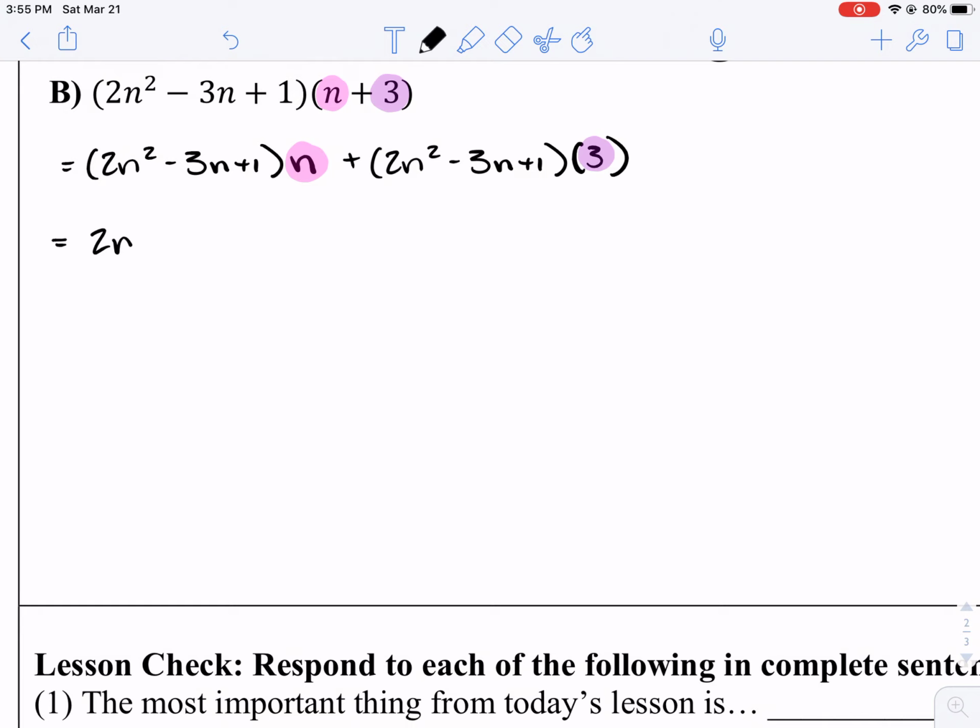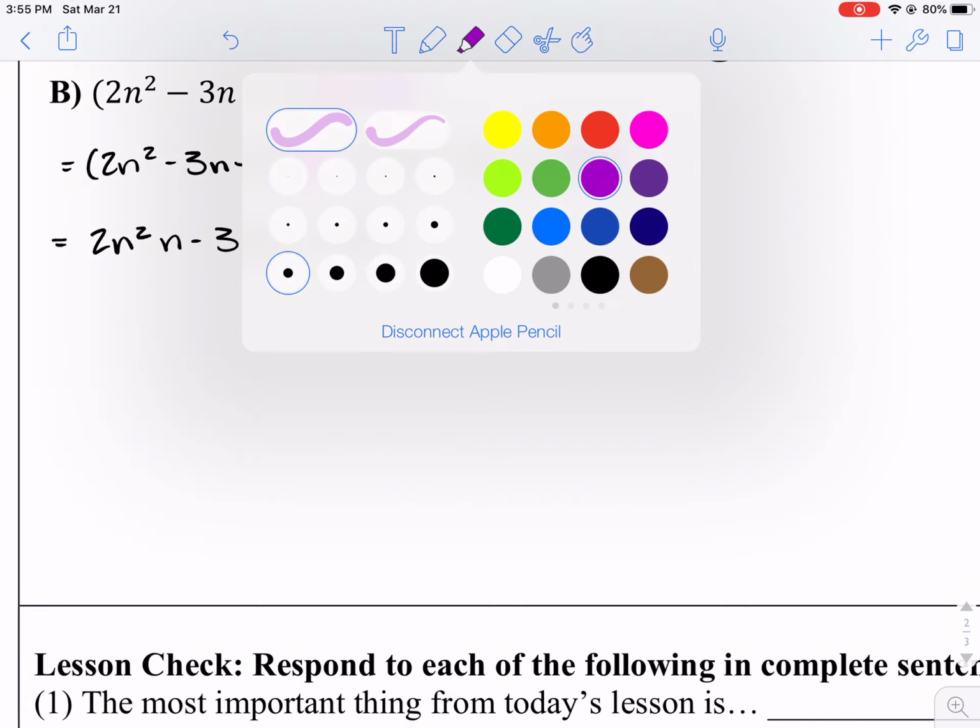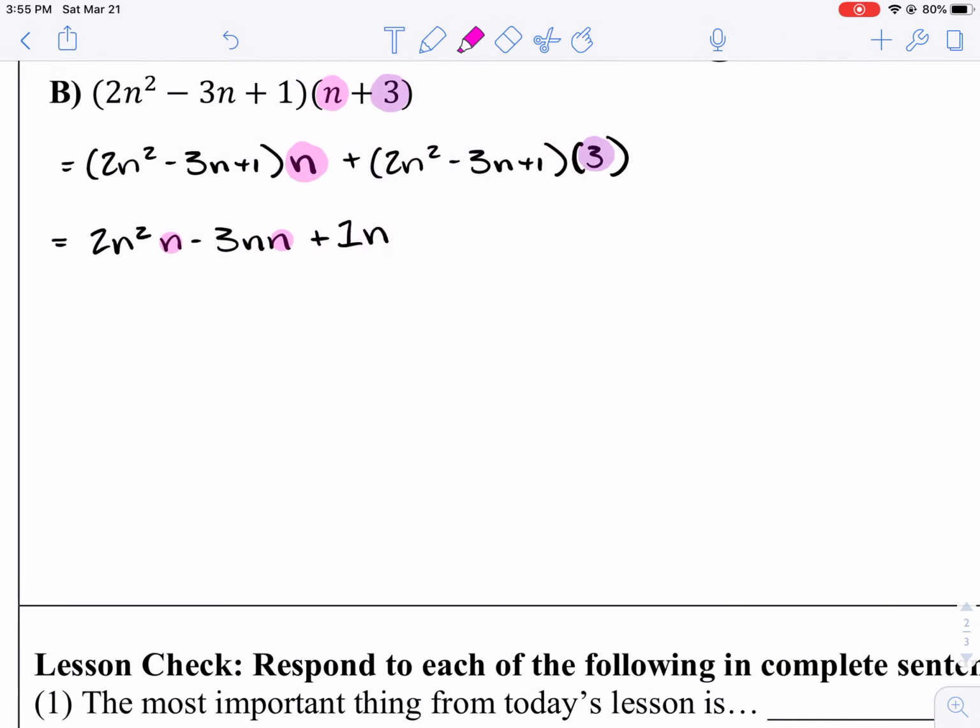So we have 2n squared times n minus 3n times n plus 1 times n. We've got an n distributed to each of them. And then we've got a 2n squared times 3 minus 3n times 3 plus 1 times 3.